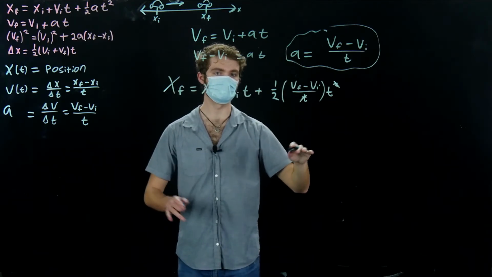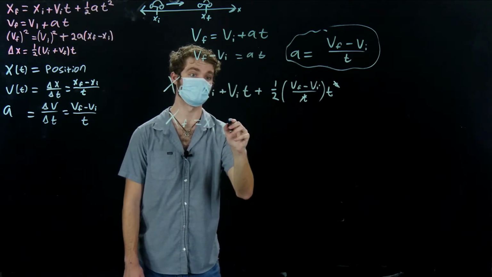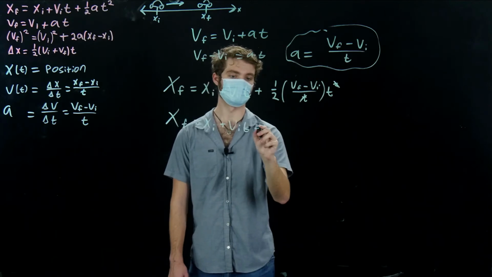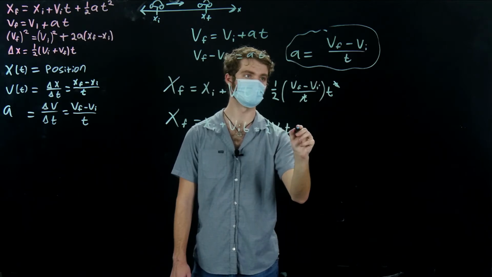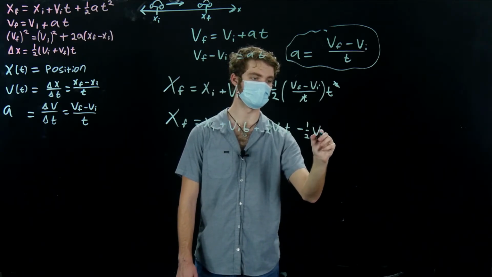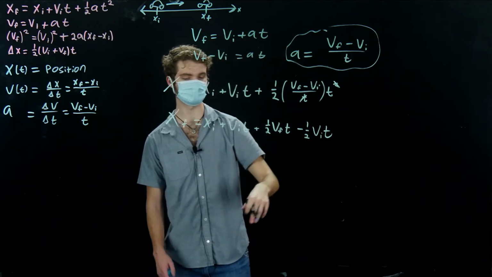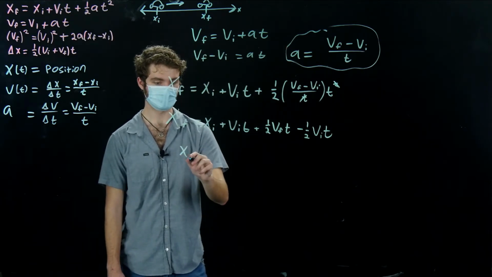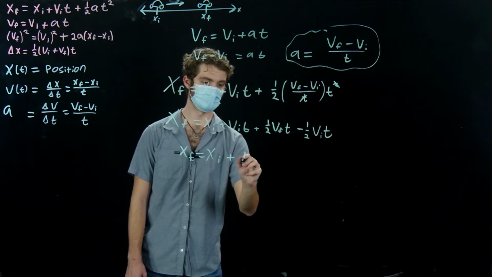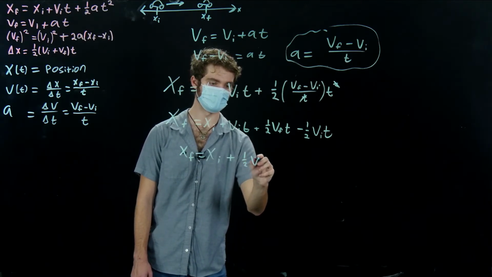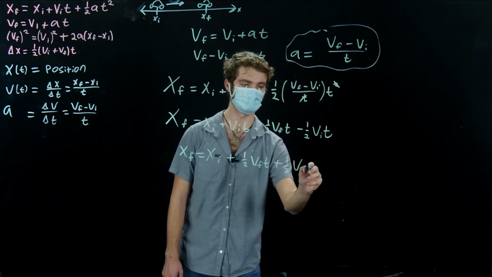And we math it out and we get x final equals x initial plus v initial t plus 1/2 v final t minus 1/2 v initial t. And so we've got a whole v initial t minus a half v initial t, and that gives us a half v initial t. x final equals x initial plus 1/2 v final t plus 1/2 v initial t.